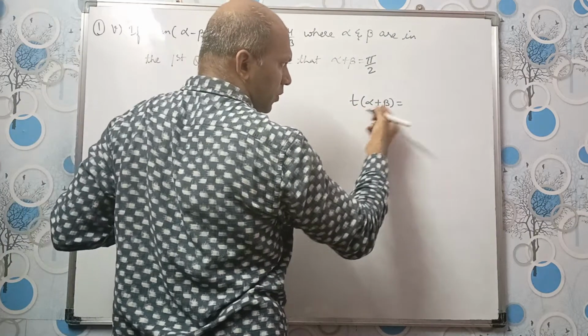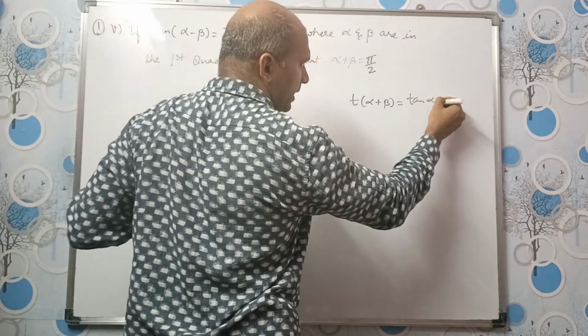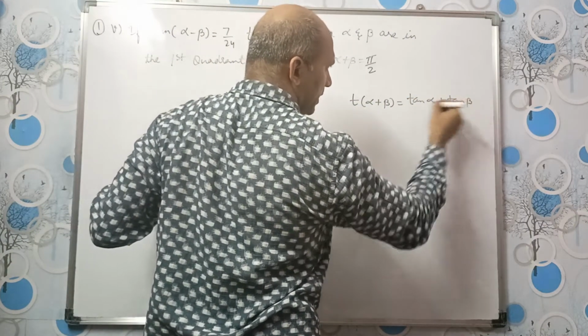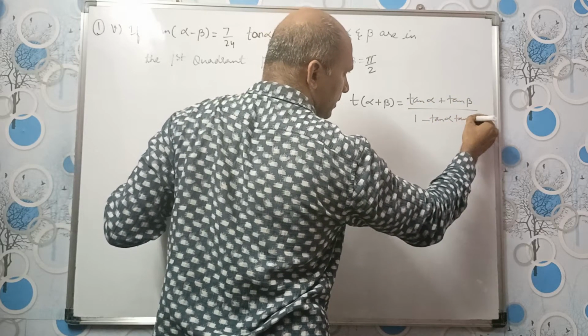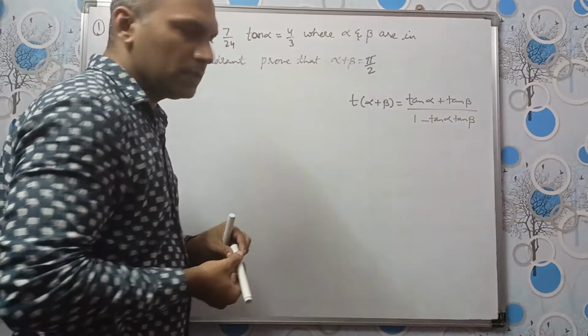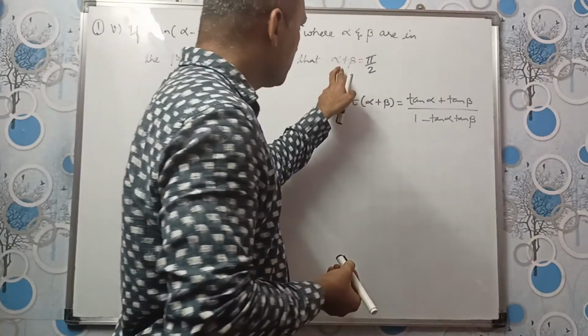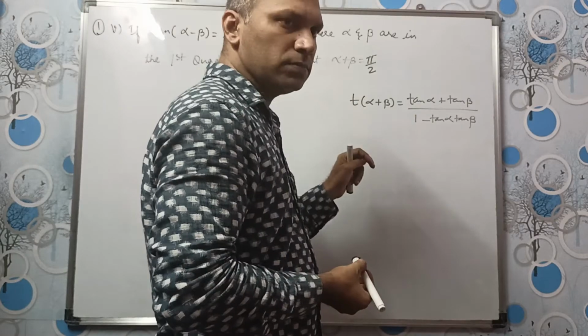What is the formula to find tan alpha plus beta? Tan alpha plus tan beta divided by 1 minus tan alpha tan beta, right? So we need to prove that this alpha plus beta is pi by 2.